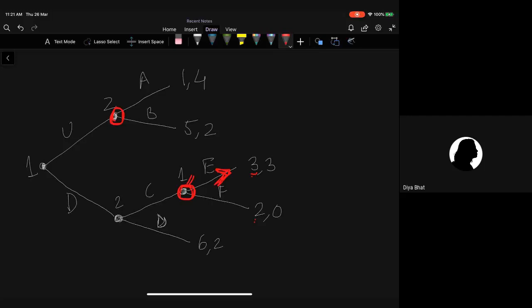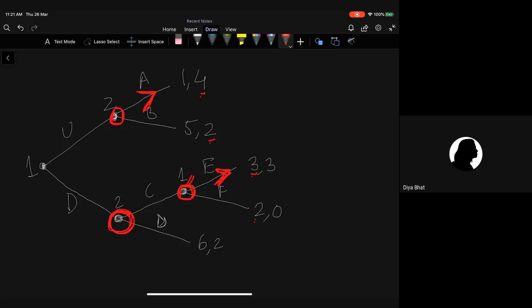Let's now move to the top terminal node. What would 2 do? 2 would choose A, right? Because 2 gets 4 from choosing A as opposed to choosing B. Now let's move to the previous node here.